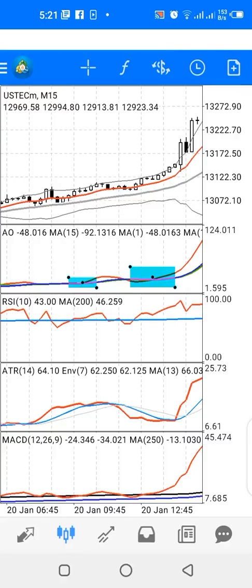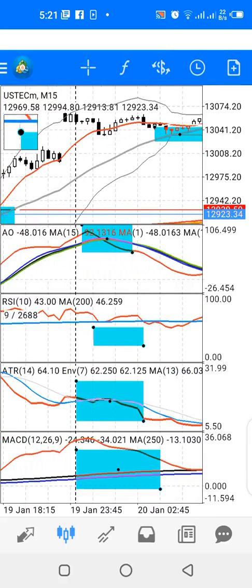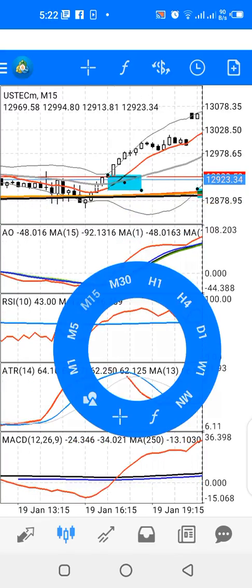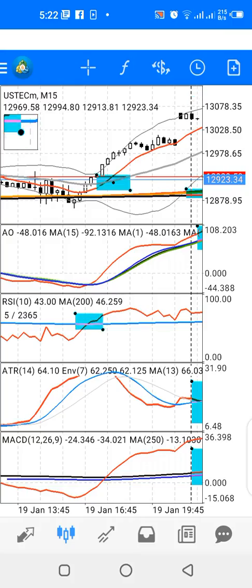So if we go to the chart, when the red line crosses below, you have your sell signal. When it crosses above, you have your buy signal.